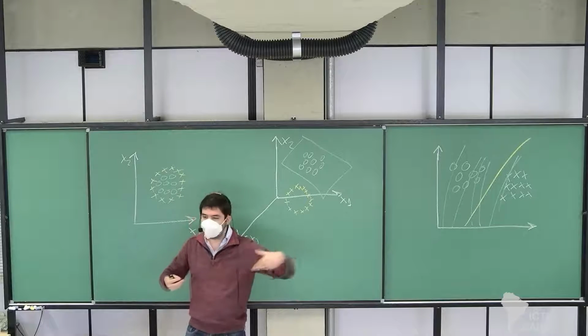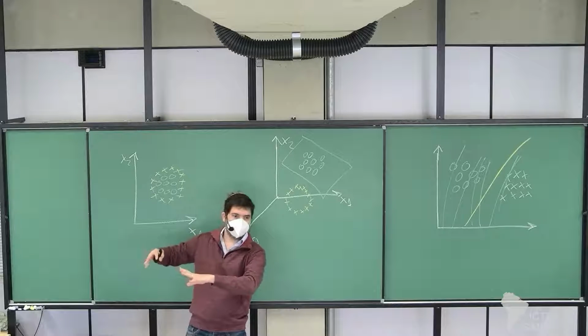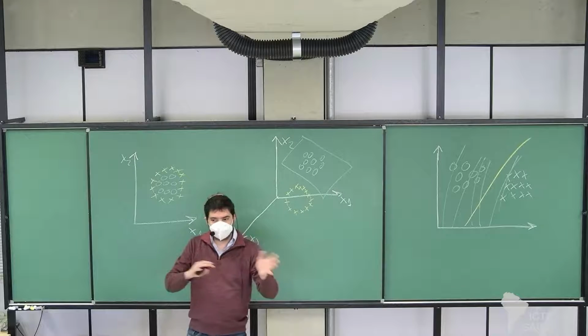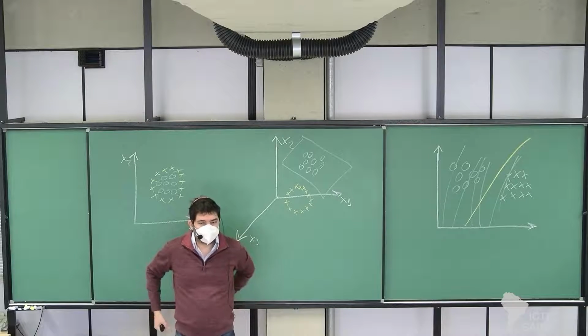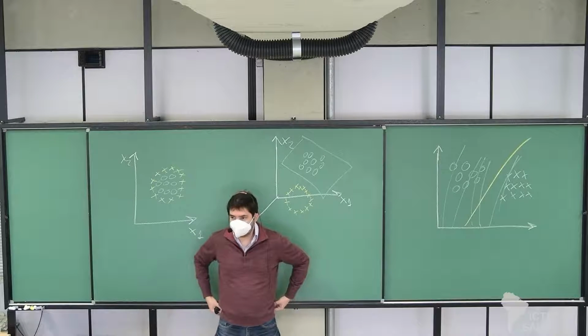But if you are not interested in explanation, then it's better to go for a neural network. So you really have to ponder what to do. There's no direct answer for that.